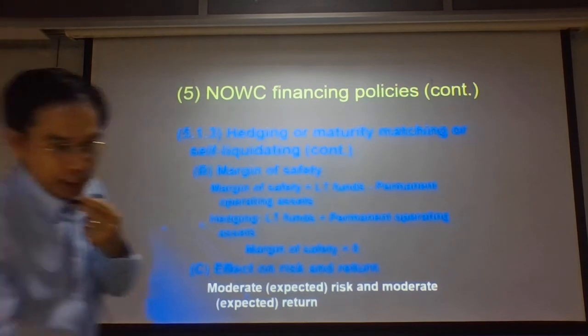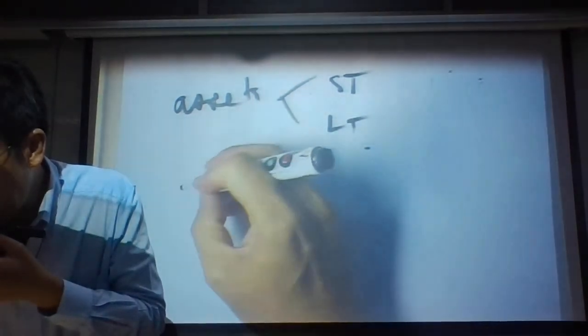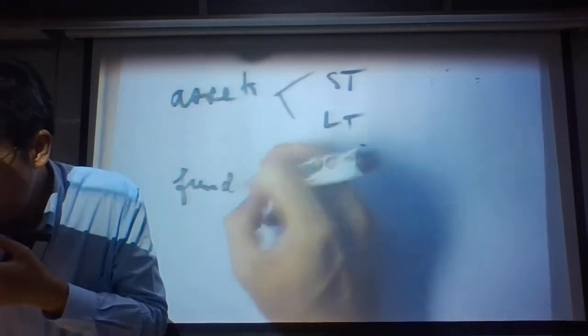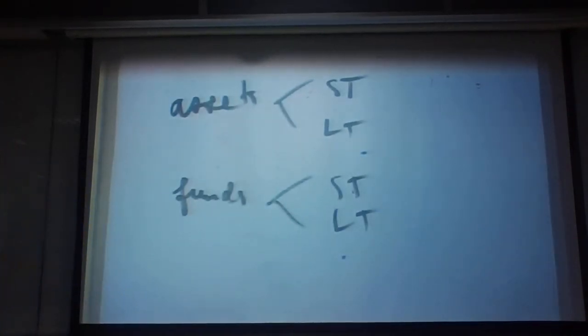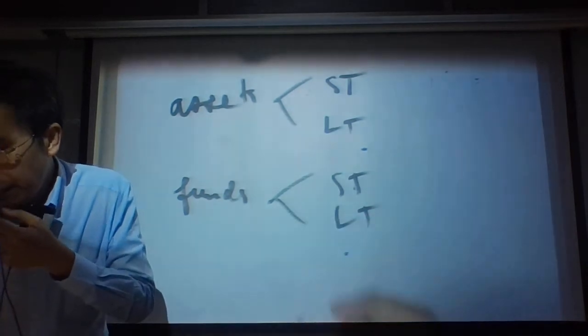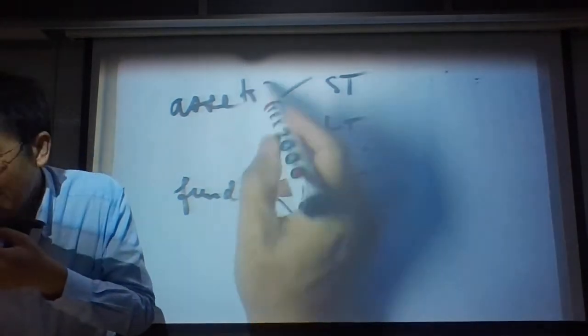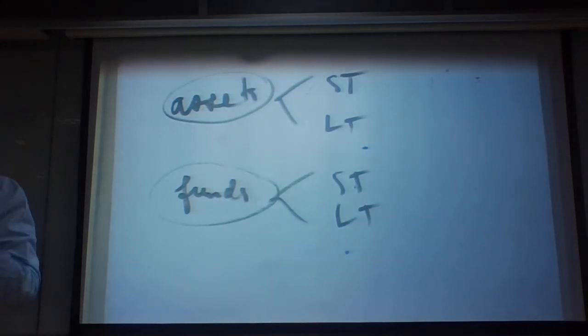Let me explain to you more. Because for assets, you have two types, short-term and long-term. And for funds, you also have short-term and long-term. So it is possible that the maturities of assets and funds are different.